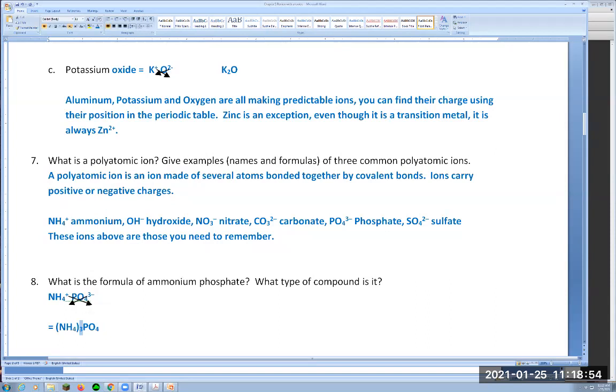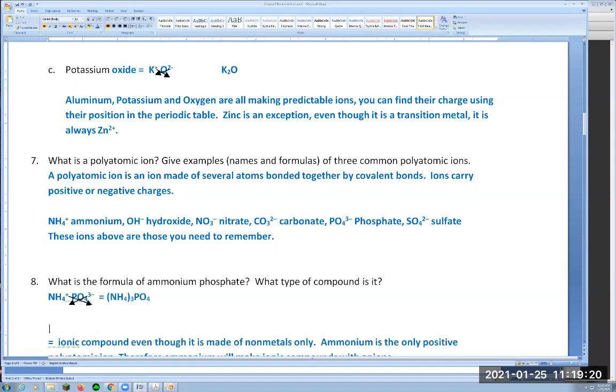And here it's 3 ammonium for 1 phosphate. You see that you need 3 ammoniums to have 3 positive charges to cancel the 3 negative charges on the phosphate. So that's why here it's going to be ammonium phosphate with 3 ammoniums per phosphate.